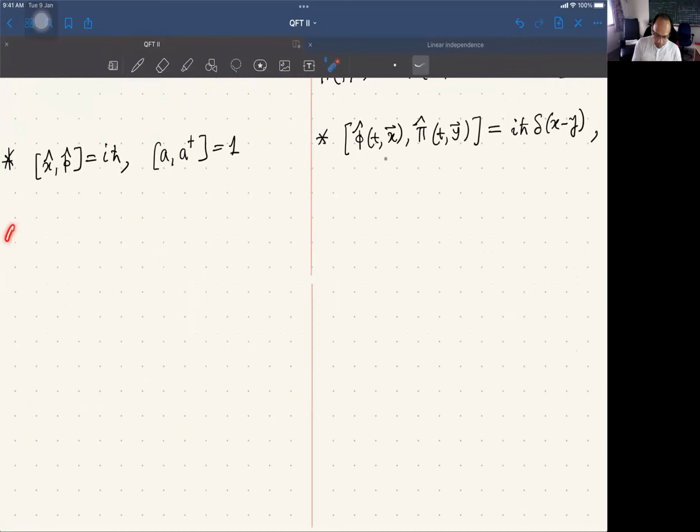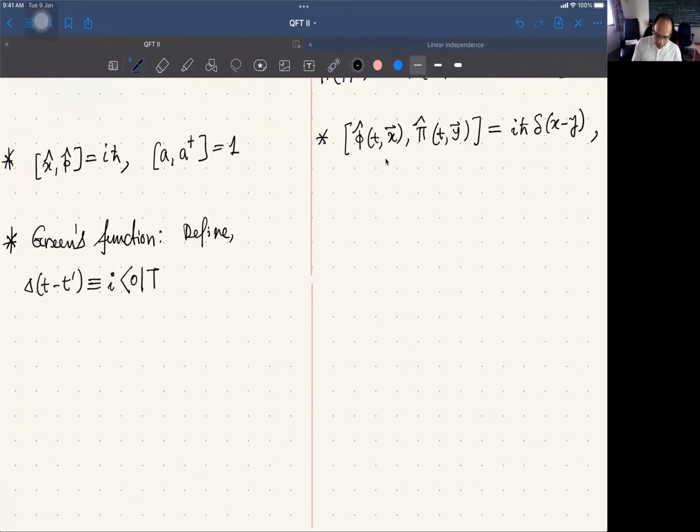Now let's describe the Green's function. There you define Delta(t minus t prime) to be equal to i times the vacuum expectation value of the time-ordered product of x hat(t) and x hat(t prime).